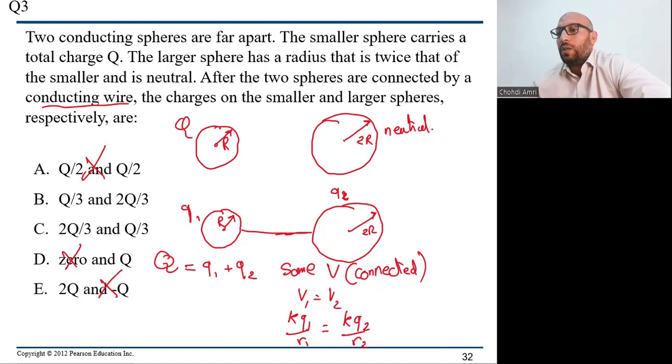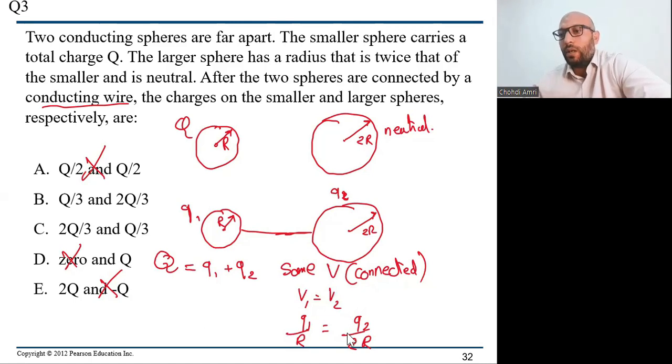Good. And R2 is what? R2 is 2R, because it has twice the radius. Let's write this is R, and this is 2R. And these two are equal, so we're going to cancel this K. Good.